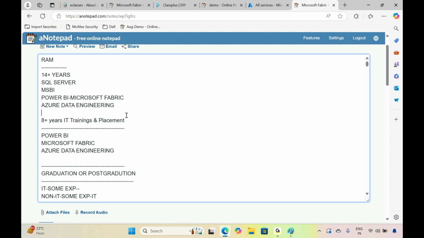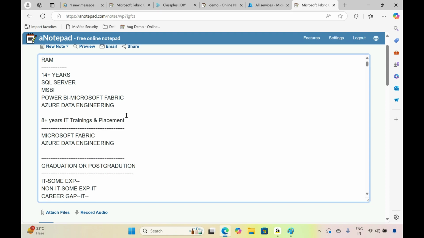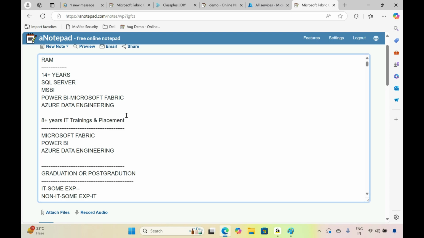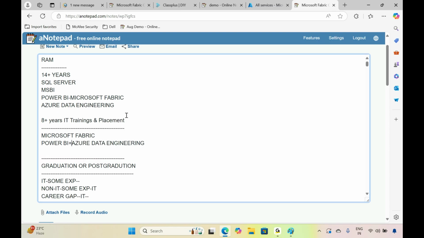Microsoft Fabric has come into the picture only in the last 1.5 to 2 years. But prior to that, we have Power BI and Azure Data Engineering. I can say one thing: Microsoft Fabric is nothing but Power BI plus Azure Data Engineering course.